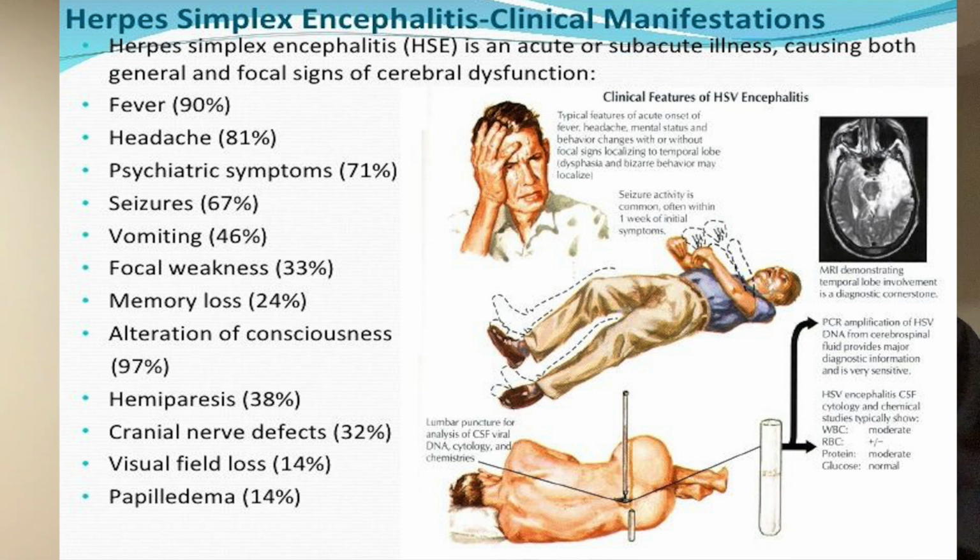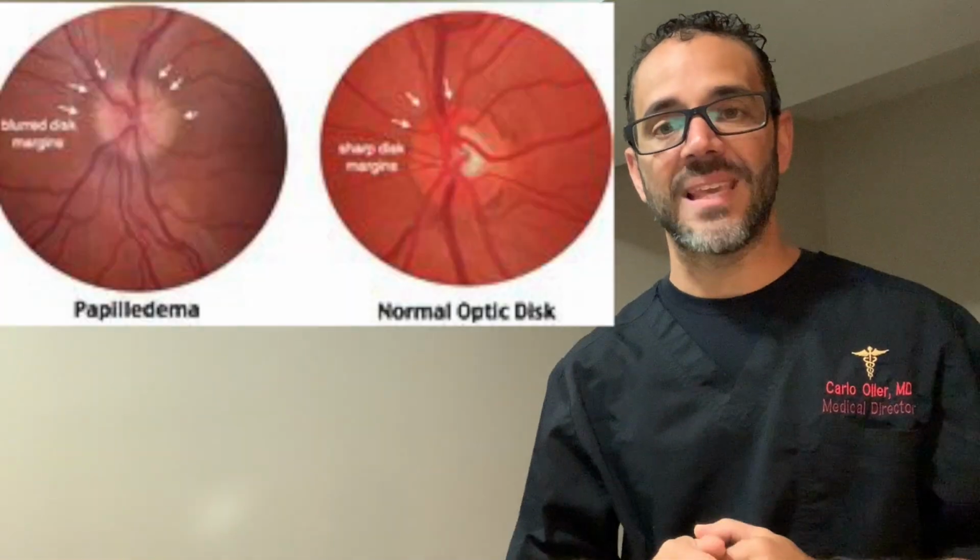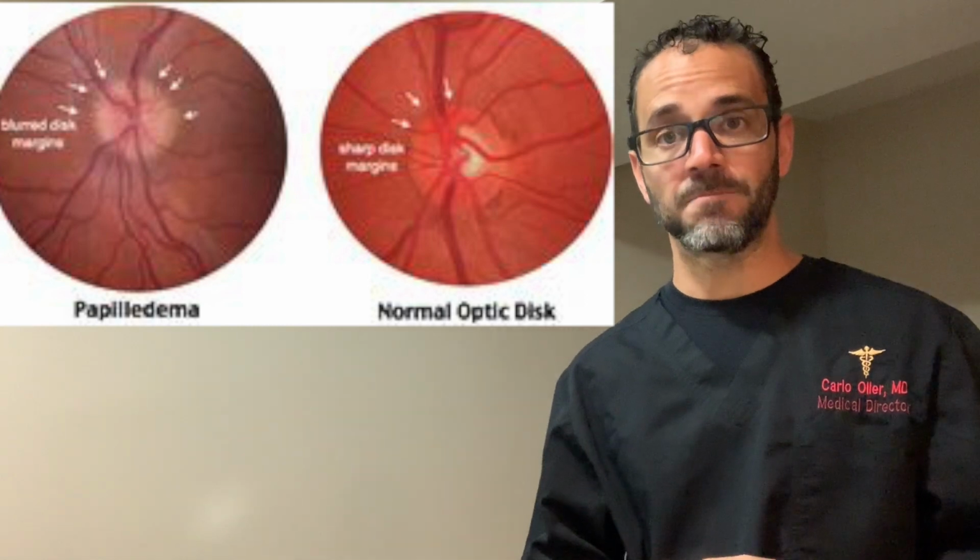You can start getting weakness and paralysis, numbness, and cranial nerve deficits. Some of the nerves of the face can be affected, causing focal weakness. They can also lose visual field. And of course, with the swelling of the brain, swelling of the back part of the eye causes papilledema.